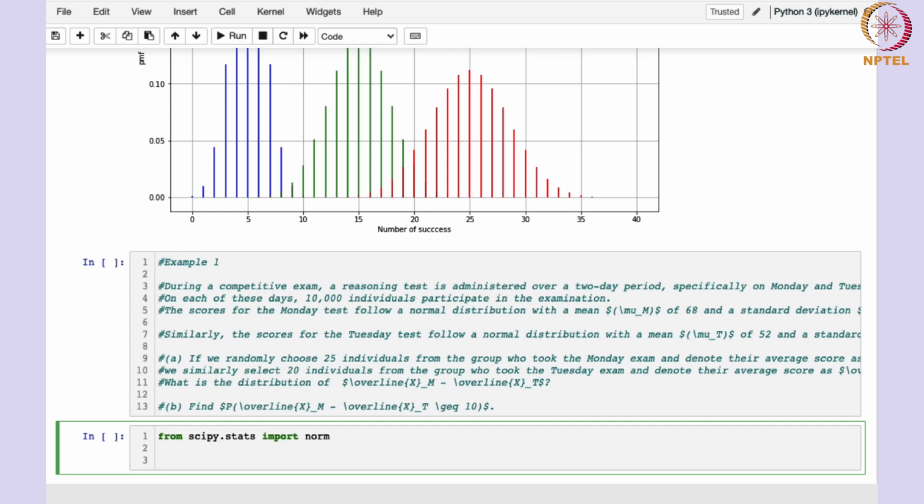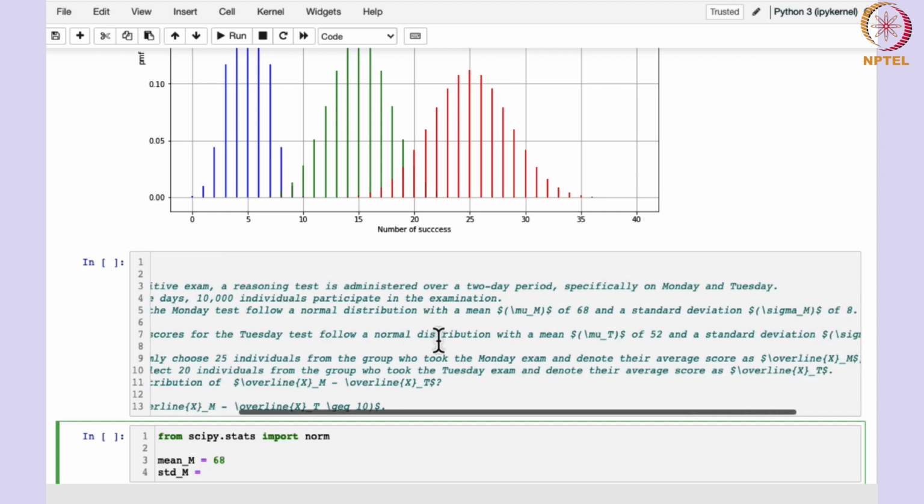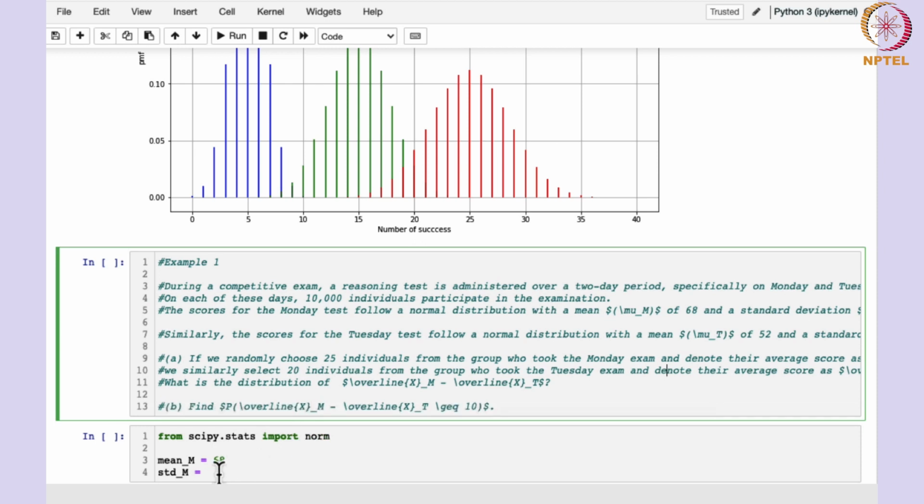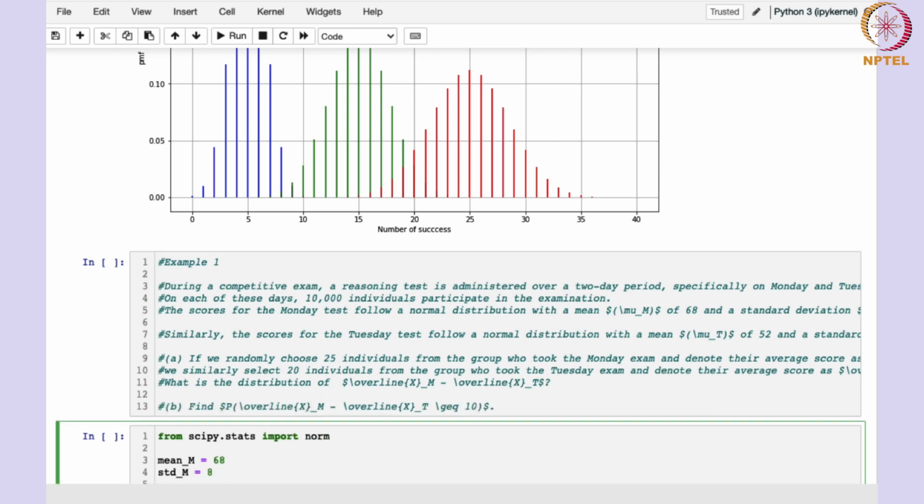Now we need to specify the parameters for Monday and Tuesday. First, let us write mean underscore m, which is for Monday. The mean is given as 68 in this case, and the standard deviation for Monday is 8. And what is the sample size that we have taken?